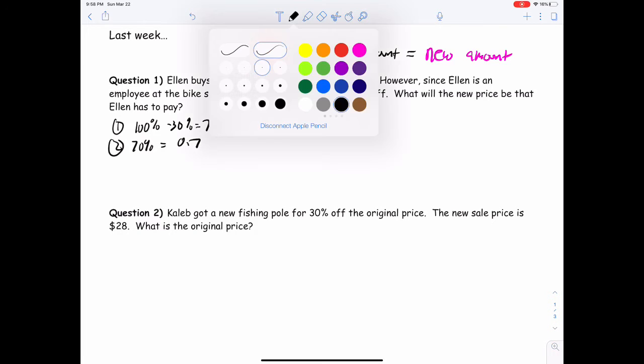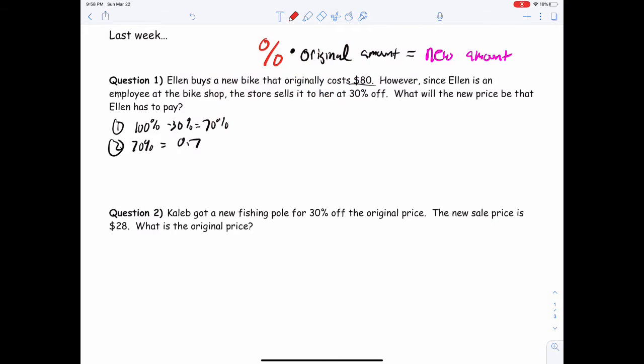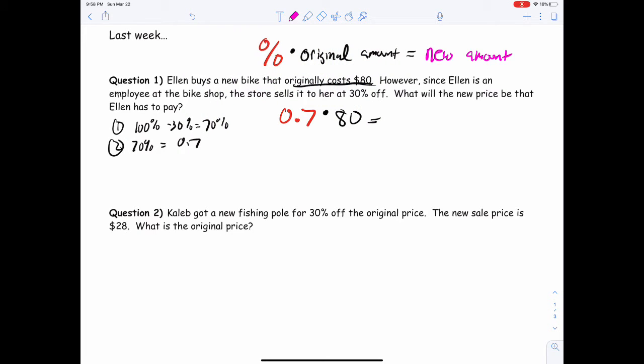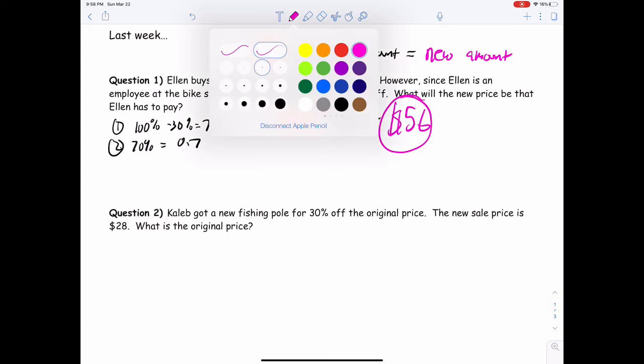And so now we can use this formula up here that you've been doing already. 0.7 times the original amount, so originally cost $80, and that is going to equal our final amount. So if you do that in your calculator, 0.7 times 80, you'll get $56 as your new amount. 30% off, 56 bucks, not bad.